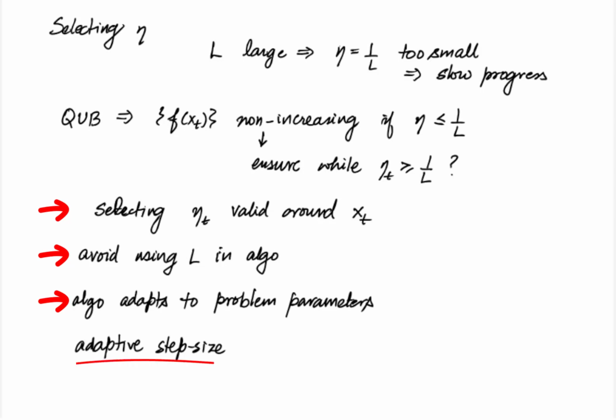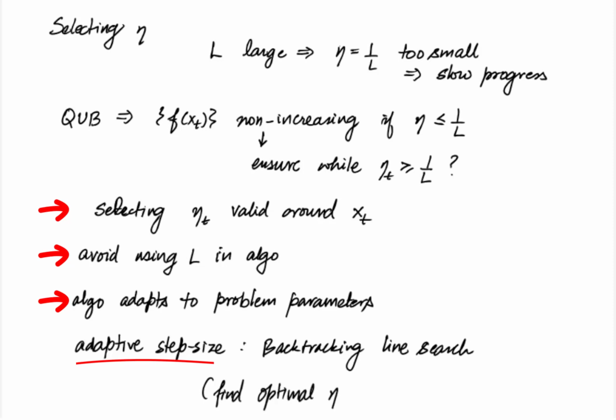We will look at a very simple adaptive step size algorithm called the backtracking line search method. There are many other line search methods as well. All of these algorithms try to find the optimal step size so as to ensure that a certain amount of progress occurs without ever using L.